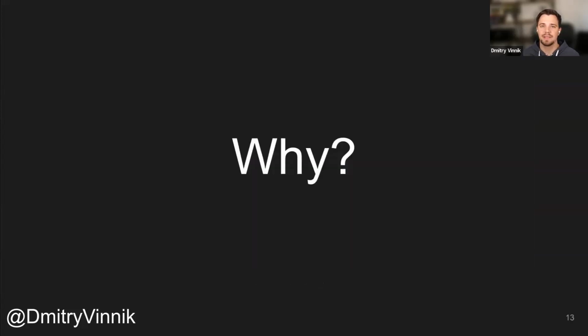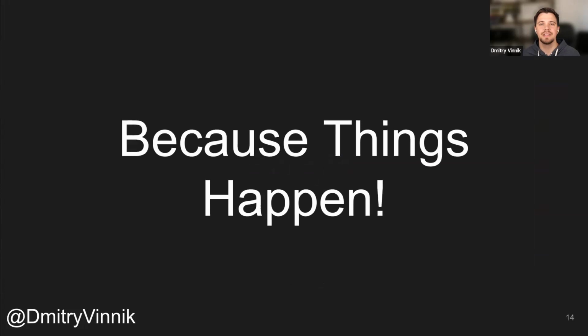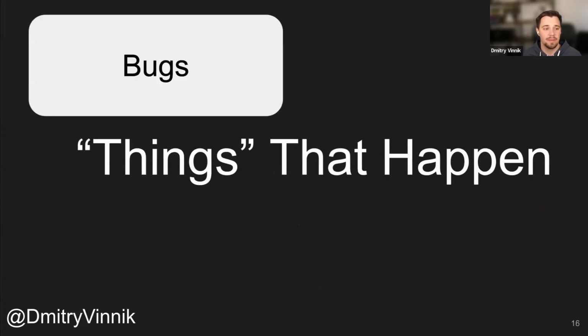So why does it take a lot of time? As I said, things happen. And these things can be regular bugs, or things that just went through some of the requirements that in the past were requirements or assumptions might actually have resulted in a bug. Or this common phrase, it's not a bug, it's a feature, maybe it actually was a bug.